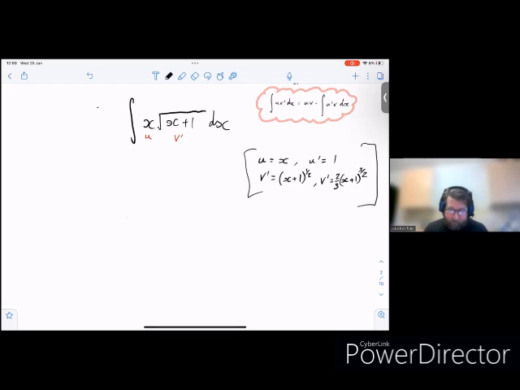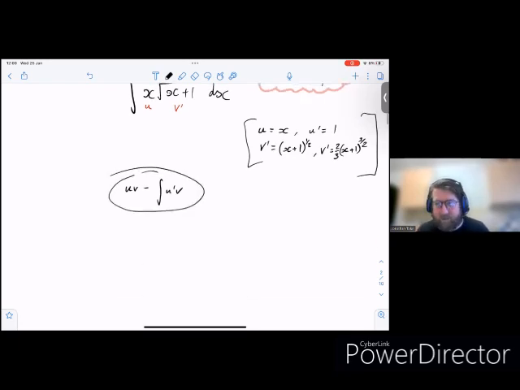So we're going to be doing uv minus the integral of u dash v. And in practice, that's all you need to memorize, uv minus the integral of u dash v. Looking over at, oops, sorry, I've mislabeled that.